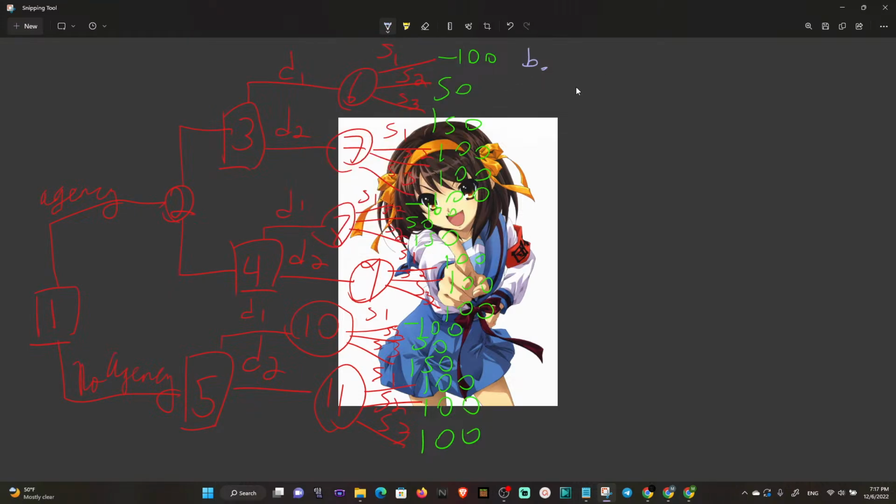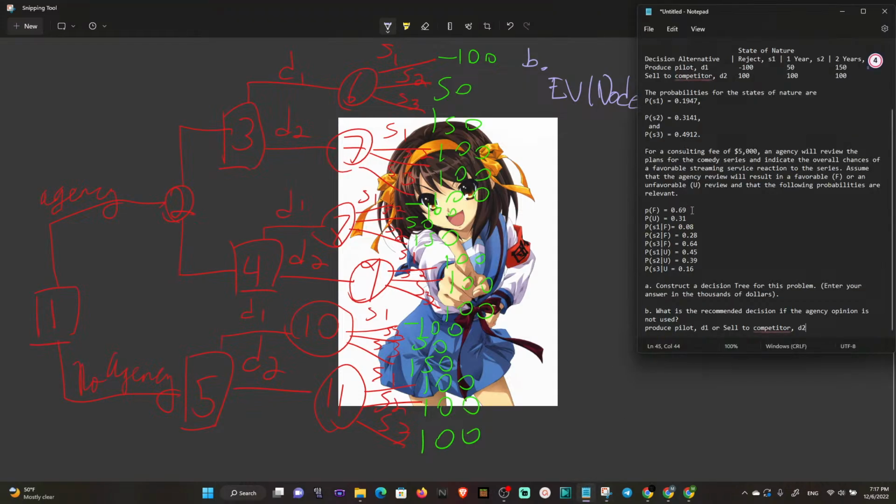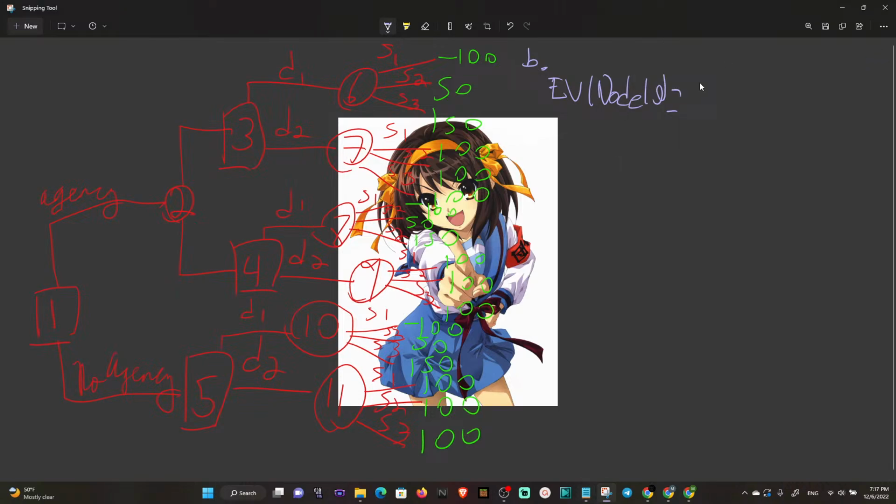B, estimated value of node 10 is equal to, let me get the numbers here: 0.1947, 0.3141, 0.4912.